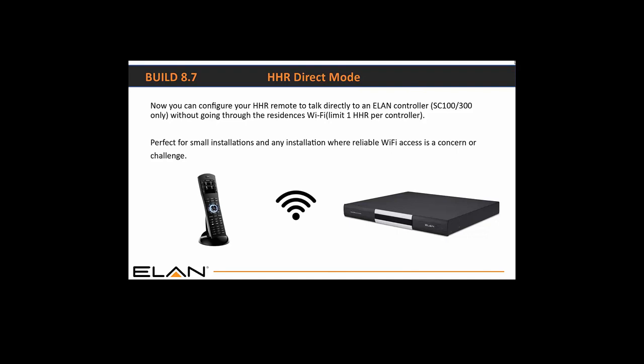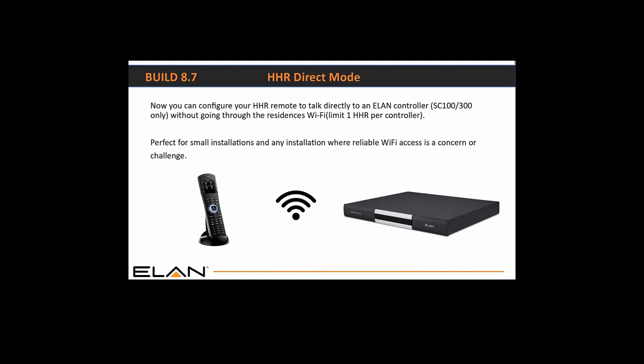So what we have is the ability to have one HHR connect directly to a controller, an SC100 or 300, via Wi-Fi. You guys know that the SC100 and 300 have Wi-Fi built in, but we're repurposing that Wi-Fi.